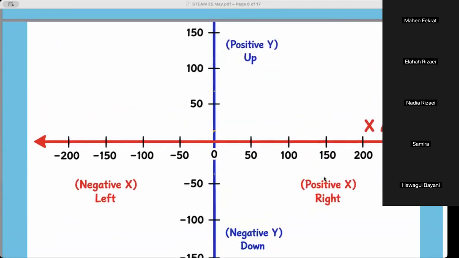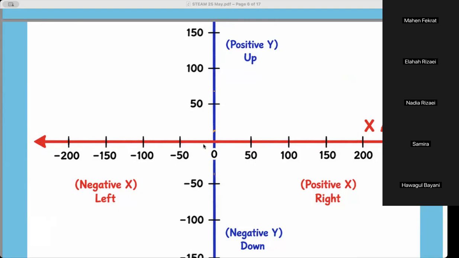If you think of the stage of Scratch, every position you can work out with the x-axis and y-axis. Anything going right and up is positive. Anything going left and down is negative.